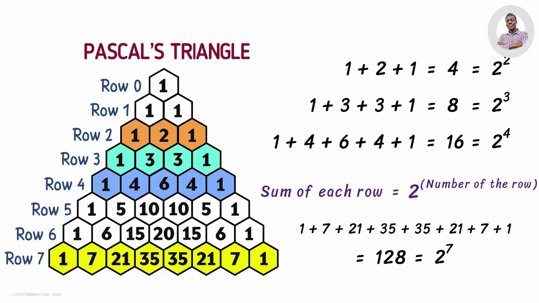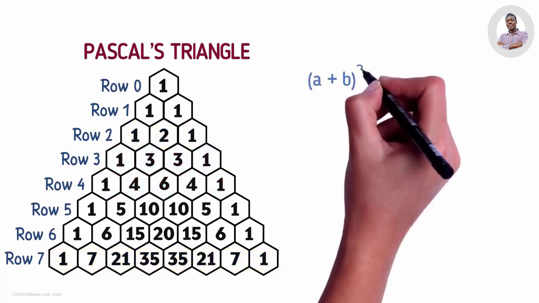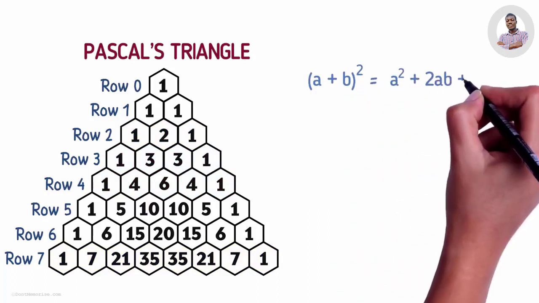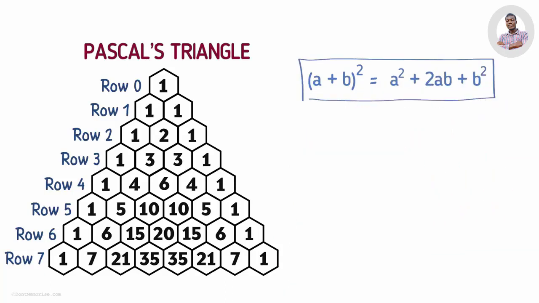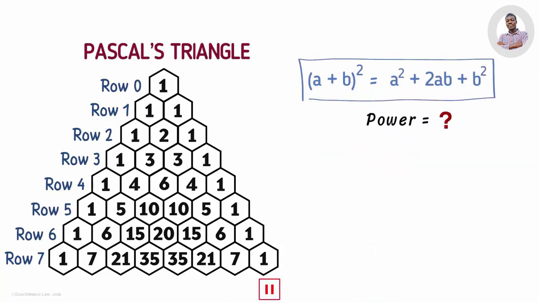Are you still wondering how we use this Pascal triangle in the binomial theorem? Can you tell me the expansion of (a plus b) all square? It is a square plus 2ab plus b square. Looking at this binomial, what is the power of the binomial? It is 2, which is also known as the index of the binomial.